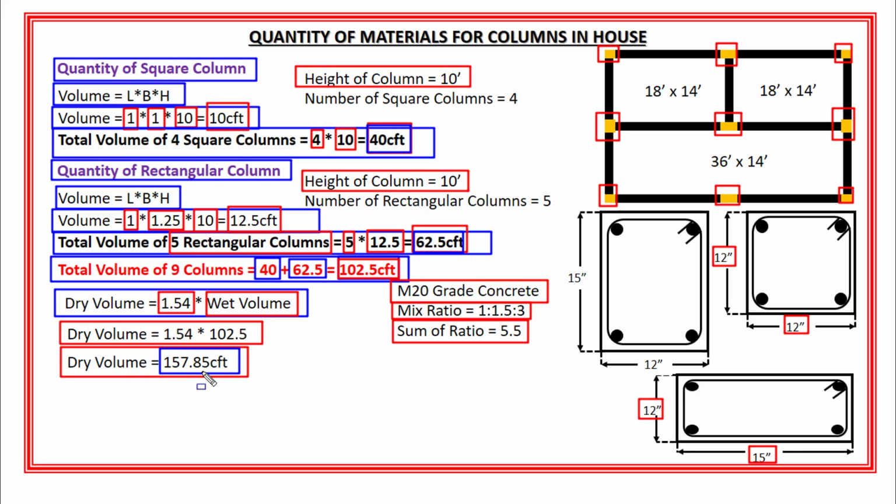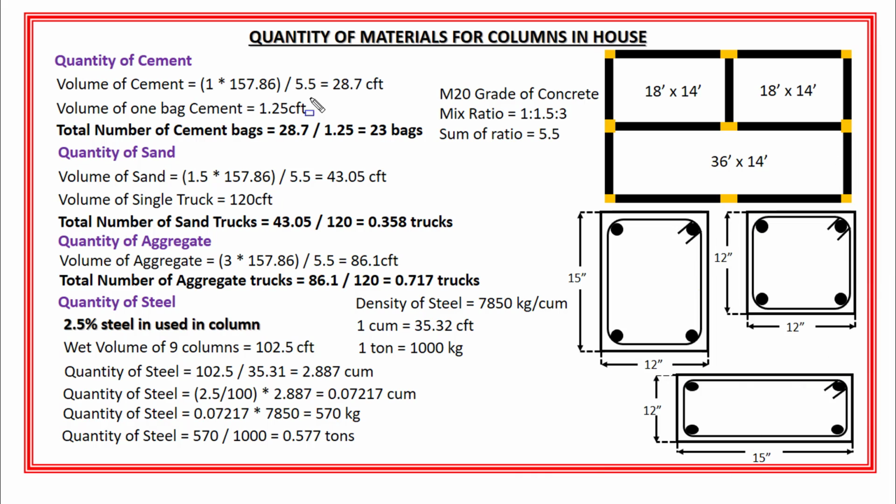So the total dry volume of 9 columns is 157.86 cubic feet. Now I am ready to calculate the quantity of cement, sand, aggregate and steel for these 9 columns. Okay. So let's start with the quantity of cement.